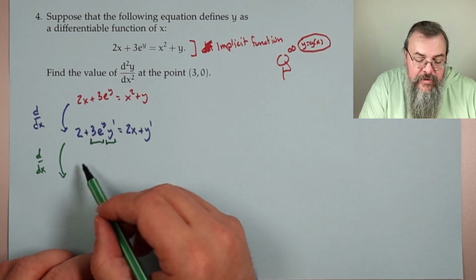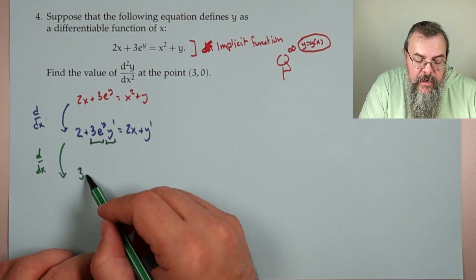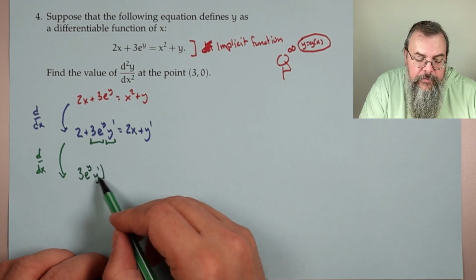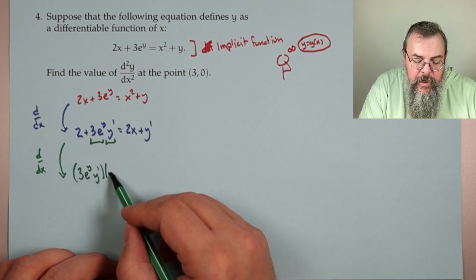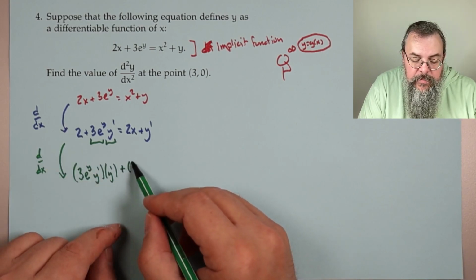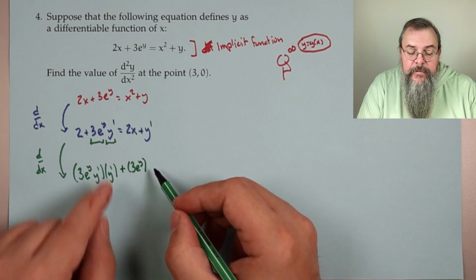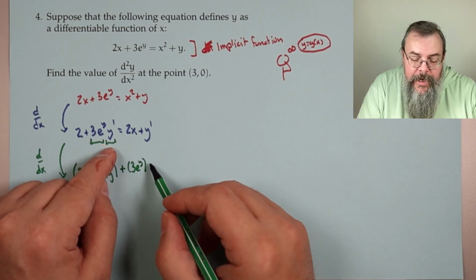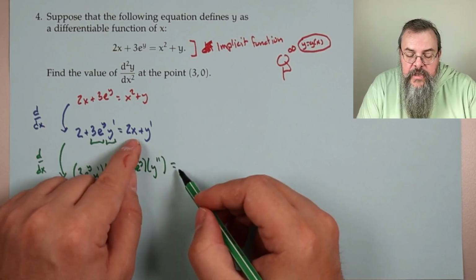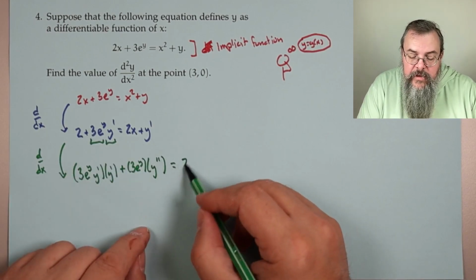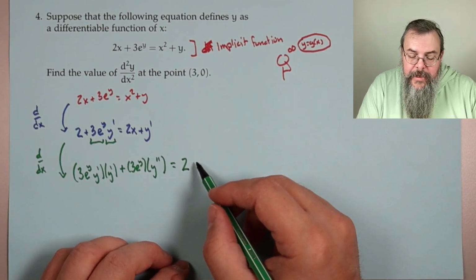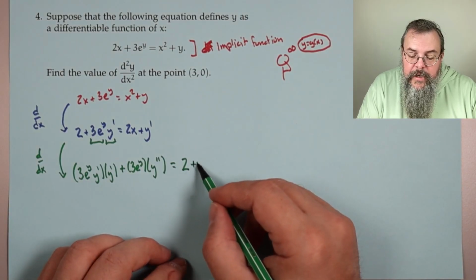The derivative of the first piece, well, that would be 3e to the y, chain rule, derivative of y, y prime, times the second piece, y prime. And then plus the first piece, 3e to the y, times the derivative of the second piece, derivative of y prime, y double prime, equals derivative of 2x with respect to x, 2. Derivative of y prime with respect to x is y double prime.